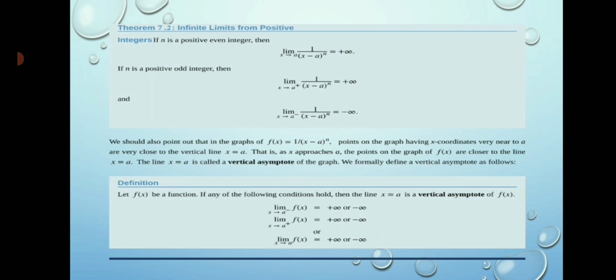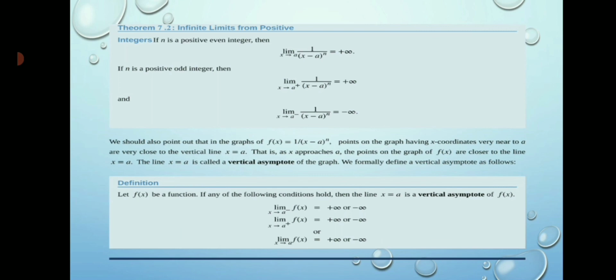That is, as x approaches a, the points on the graph of f of x are closer to the line x is equal to a. The line x is equal to a is called a vertical asymptote of the graph. We formally define vertical asymptote as follows.